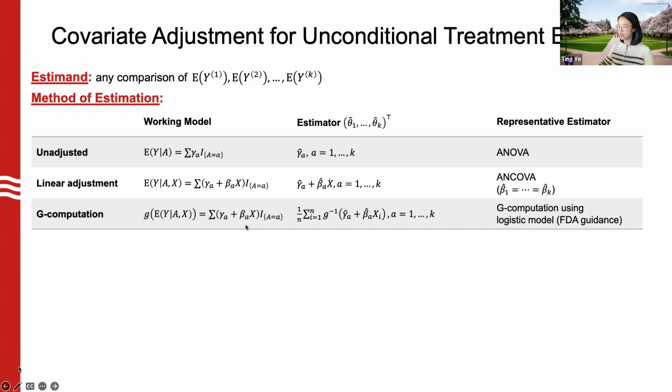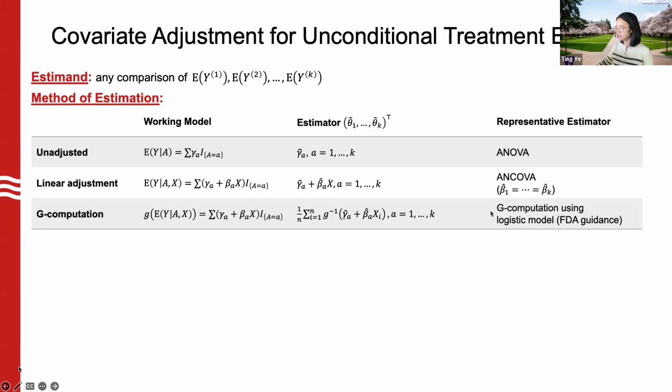And then once we fit this model, we will use it to obtain the predicted probability in the binary case, or the predicted mean value, for everyone in the trial for every treatment arm. So, for example, if we have n participants, this will create an n by k matrix of all the predicted values for everyone under different treatment arms. And once we have that, we can show that this is an estimator of the estimand that we define, which is just an unconditional outcome mean.